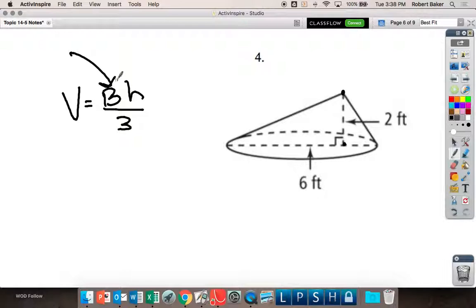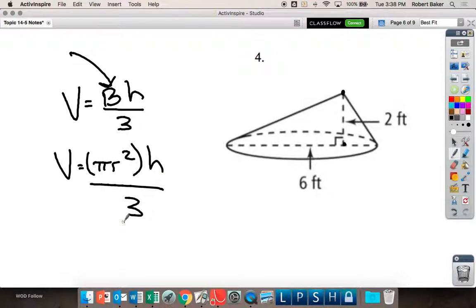Pi r squared. It's a circle. So now the big B turns into pi r squared. So all you need is an R and an H. So pi, 3. Yes, because this is a diameter, the radius is 3. Times 2.